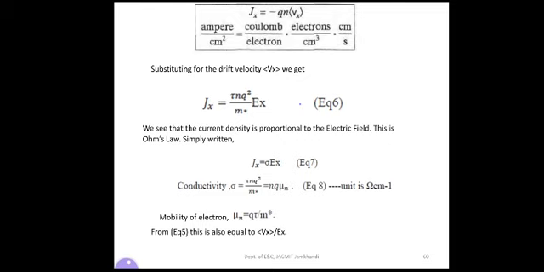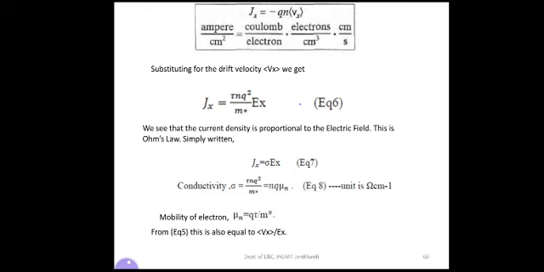Now we can define the conductivity. Conductivity is denoted as sigma. So sigma is equal to tau n q square by m asterisk, which is equal to n into q into mu n. Name it as equation number 8, and its unit is ohm per centimeter.